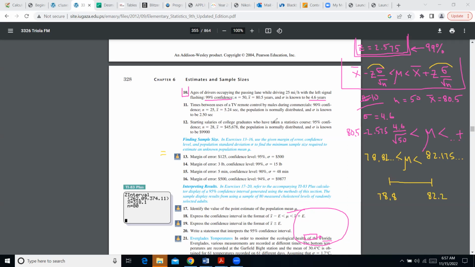So if they're talking about the ages of drivers that drive 25 miles per hour with left signal flashing, whatever this means, we decide at what age possibly this little discrepancy can happen for the entire population.